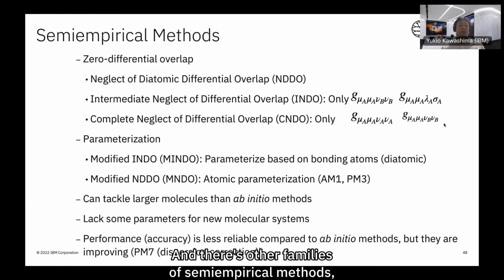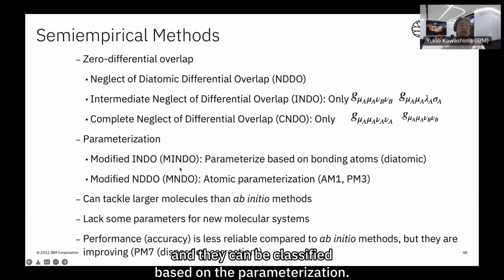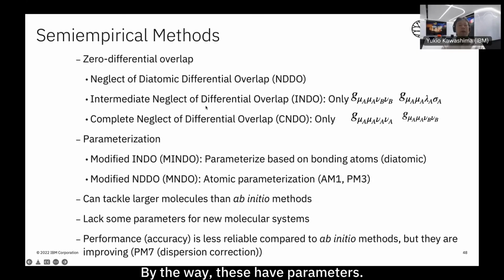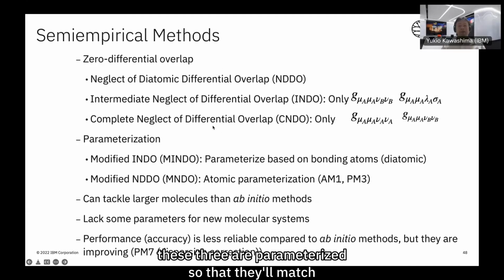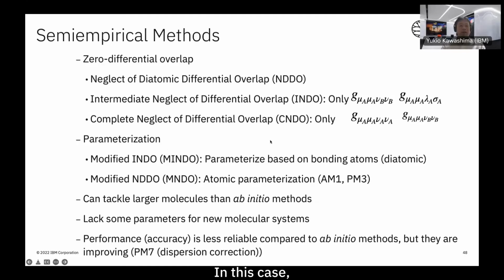And there are other families of semi-empirical methods, and they can be classified based on the parameterization. By the way, these have parameters, but in this case, these three are parameterized so that they match the ab initio molecular orbital method results. In this case, they're parameterized so that they match experimental results. So the parameterization has a bit of a different concept here.